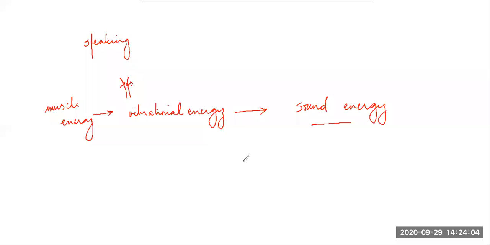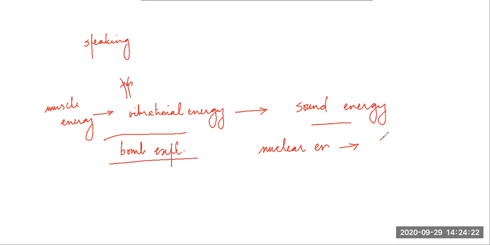We can see, hope there is no more bomb explosion in this world, right? When there is a bomb explosion, the nuclear energy is getting converted to sound energy and also into a lot of heat energy.